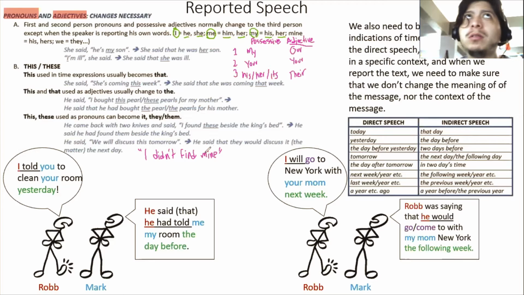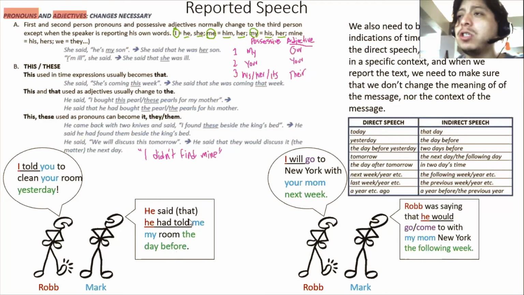Si estamos hablando, no sé, de plumas, I didn't find mine, no encontré la mía. Ok, la mía significa mi pluma. Si estamos hablando de perros, yo no encontré el mío. Si estamos hablando de libros, I didn't find mine, entonces no encontré el mío. Esto significa libro. Esto depende porque es un pronombre posesivo. Estos son adjetivos posesivos. My es un adjetivo posesivo. Mine es un pronombre posesivo.